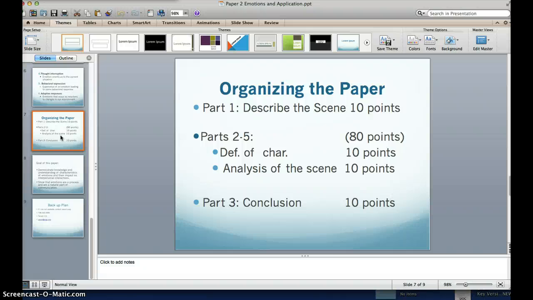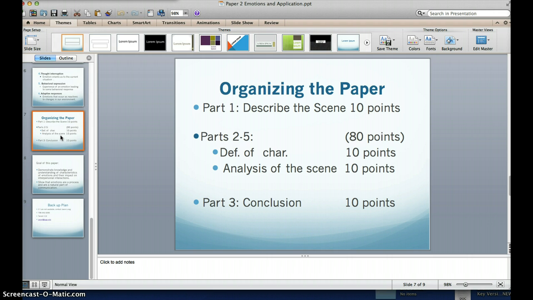Each of the 4 remaining parts of the paper should follow the same format. Each remaining section should include a definition of the characteristic. The definition should be in your own words, and it should describe the characteristic. Be sure that in this section of the paper, you present one characteristic, defining it and explaining it, and then analyzing the scene where this emotion is present.